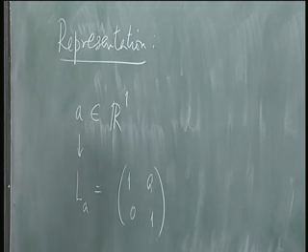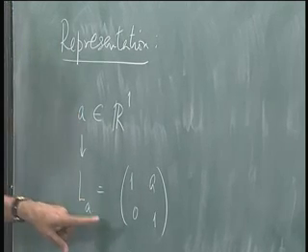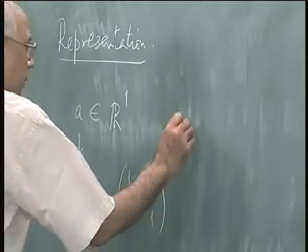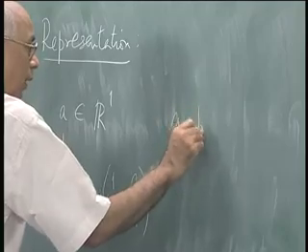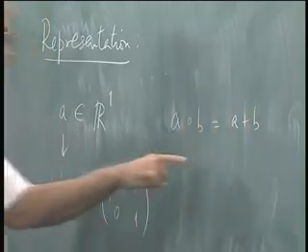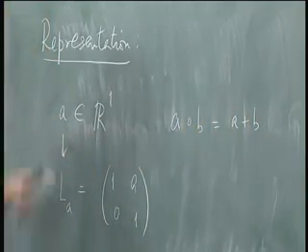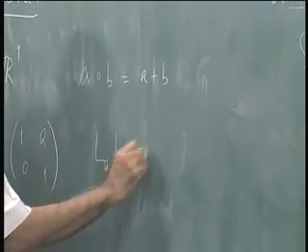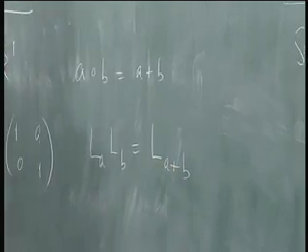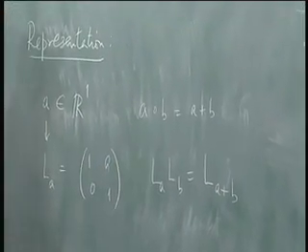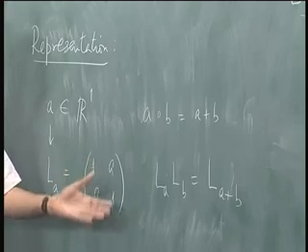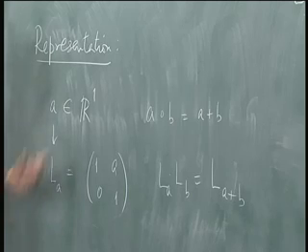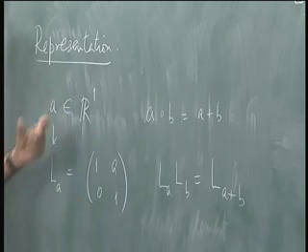And now the addition law here I replace by the multiplication law for these matrices, and it is easy to see that A composed with B is the same as A plus B. That is what I mean by the composition law in R1, but here L_A L_B is equal to L_(A plus B) in the sense of matrix multiplication, and that is trivial to check. This is an upper triangular matrix, you multiply another one with a B and you are going to get A plus B. Okay. For every number here there is a unique matrix here and vice versa.